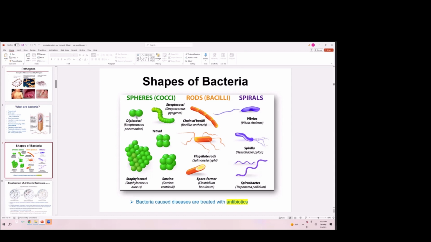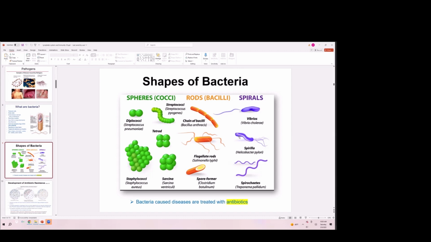Some of them can be round and stuck together in pairs. And then some of them can be round and stuck together in groups of four or something like that. And then some of them could be this corn dog shape, some with a little bit of these extensions, like wiggling stuff, that we call flagella.